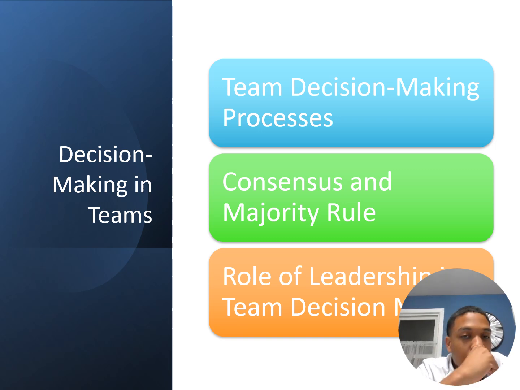Leadership plays a crucial role in guiding the decision-making process and ensuring that everybody's voice is heard. Effective team decision-making involves clear communication, defined roles, and structured methods. And the team should establish decision-making processes that balance speed and thoroughness, ensuring that decisions are both timely and well-informed.